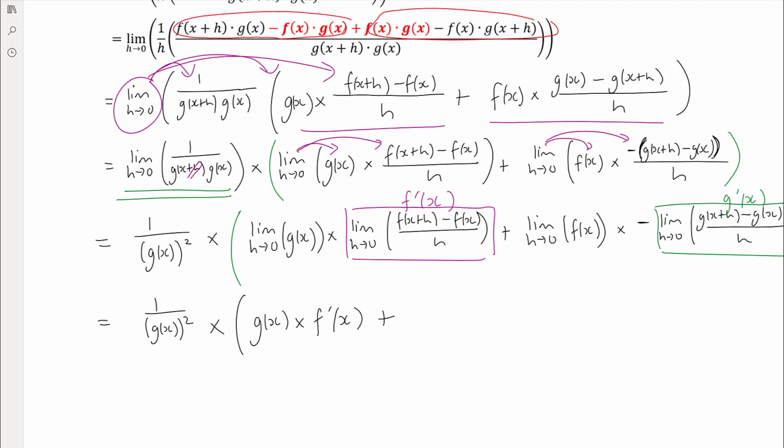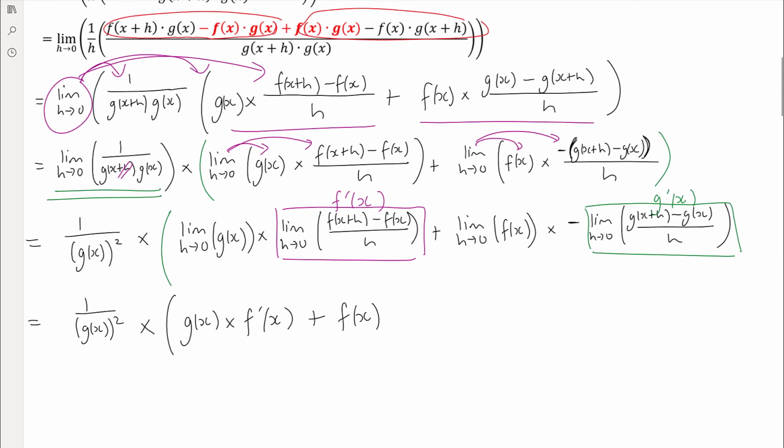And then we've got plus, now the limit as h approaches 0 of f of x, there's no h in f of x, and so it'll still remain f of x as h becomes 0. And then we've got multiplied by the negative of g dash x.